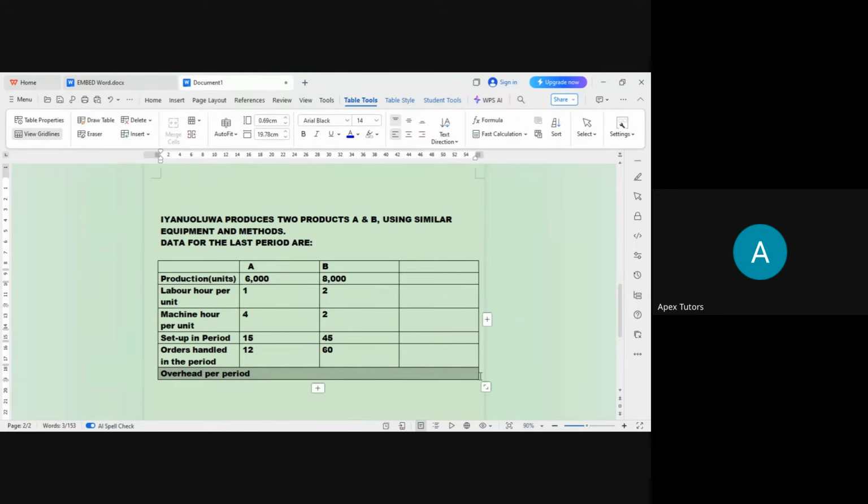We have the overhead relating to production setup. The value is 179,000.